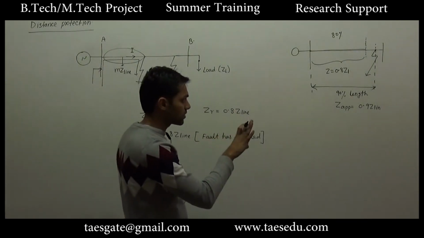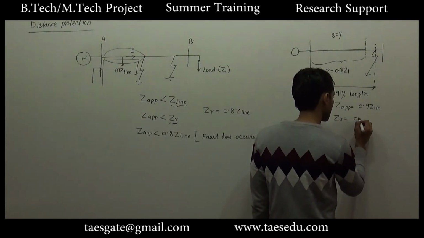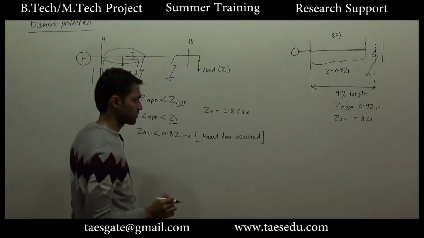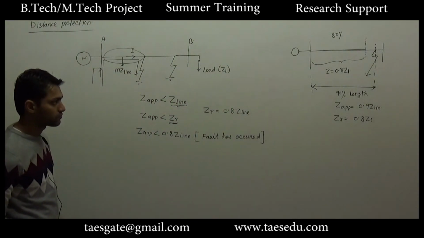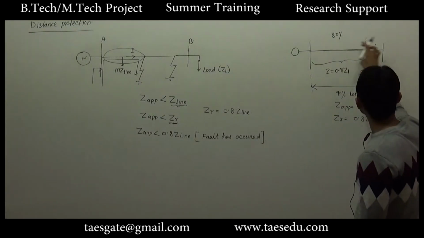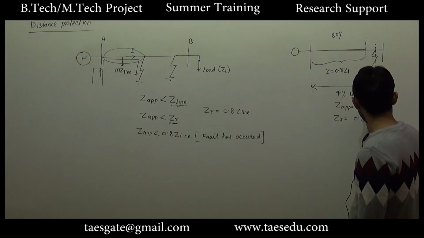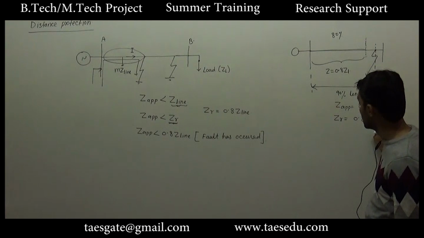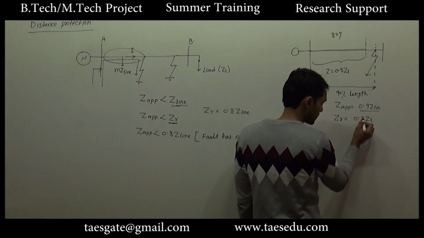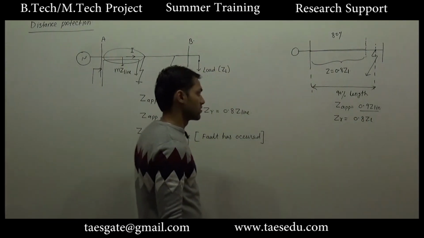And let's say for the impedance relay, the reference is set as 0.8 ZL. Now a fault has occurred at 90% of the length of the line. So the apparent impedance seen by the source will be 0.9 into the total impedance of the line, and the reference impedance is set at 0.8 ZL, that is 80% of the total impedance of the line.